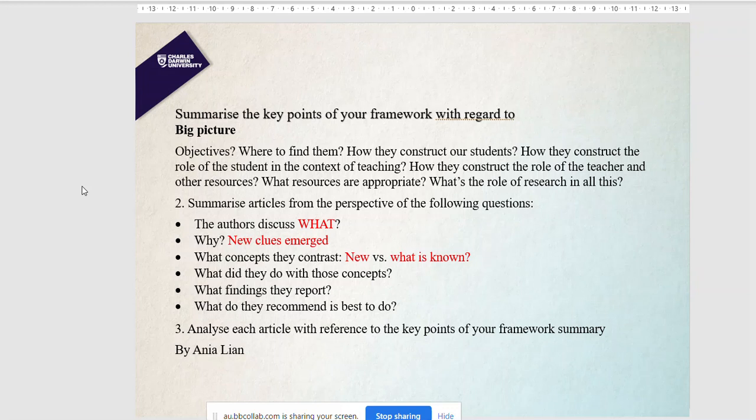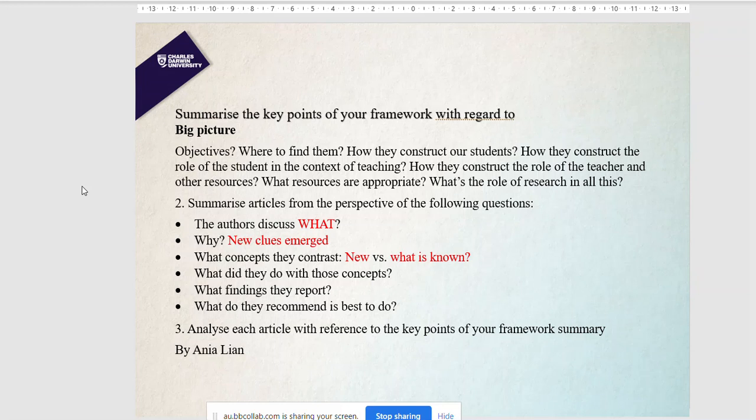So on the basis of the framework, and with the addition maybe of a few other points, I would like you to make a little statement on each of these that integrates these issues. Once you've done that, every article you read, I would like you to summarize.